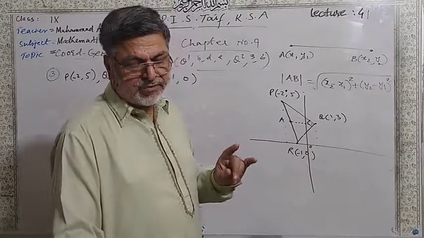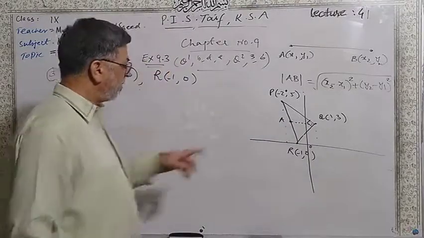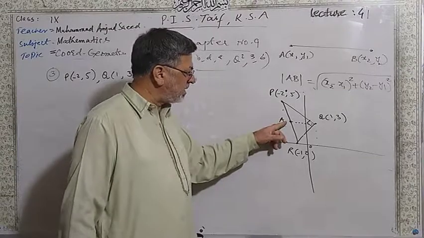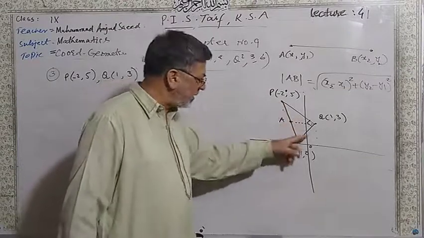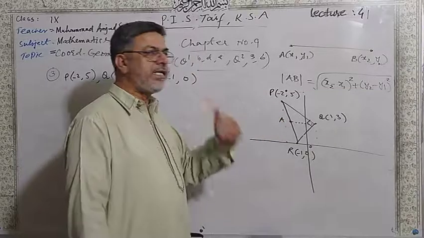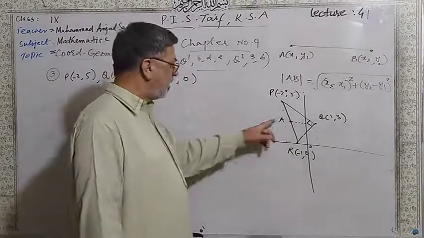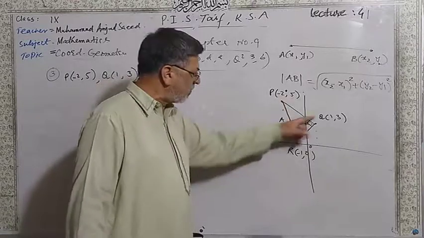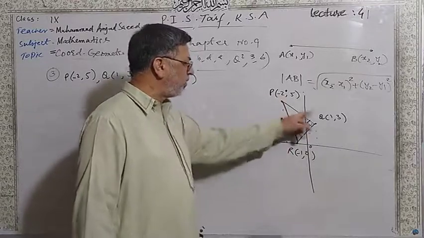Equidistant means at equal distance from the corners, from the vertices P, Q and R.